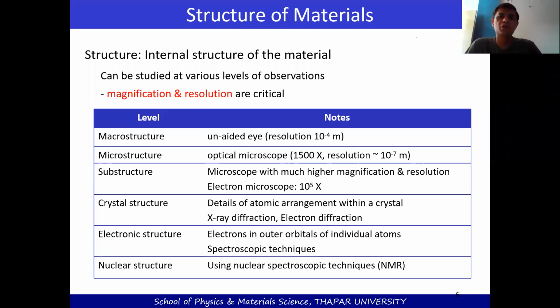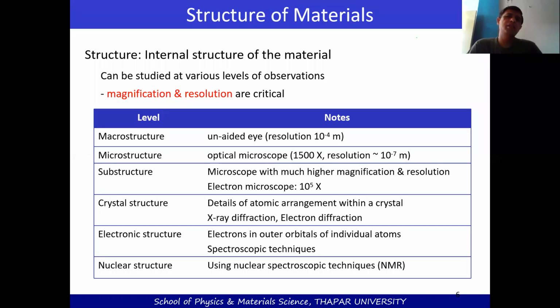For Z equal to 9, you have 1s2, 2s2, and 2p5. So that will be the organization of the electrons around the nucleus. Likewise, you can define the electronic structure of any material if you know the Z value.